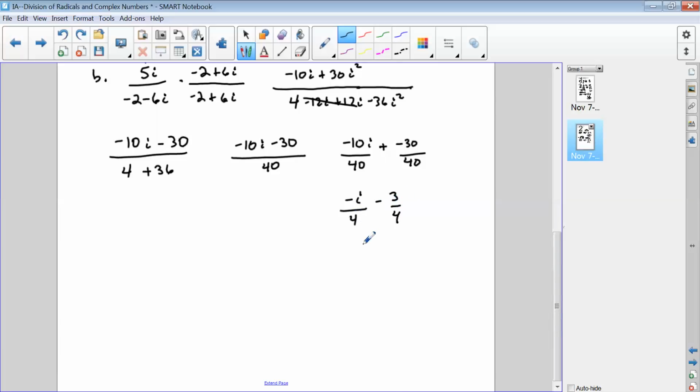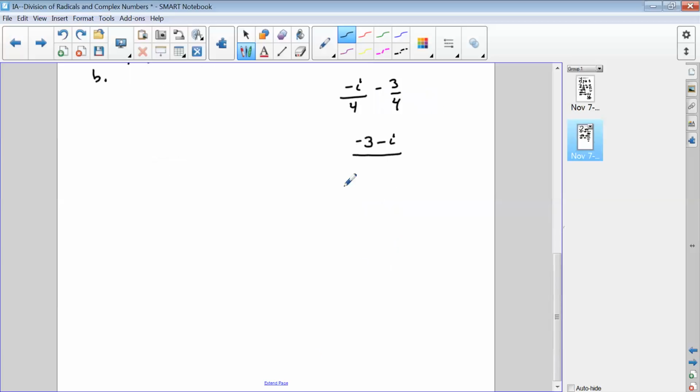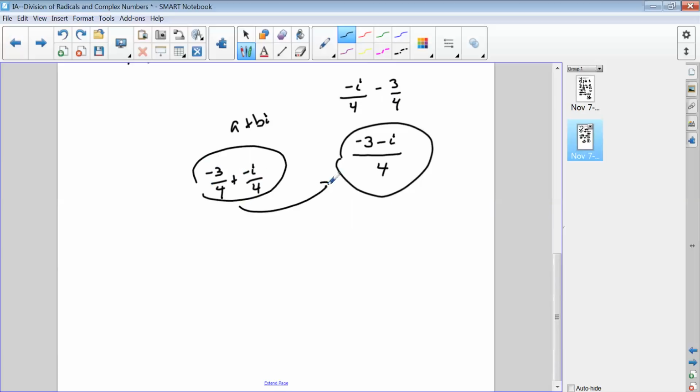Since we're sharing the same denominator, we can write it as negative 3 minus i divided by 4. So we write it in this a plus bi form. Well, what is a? a would be negative 3/4. And what's bi? It would be the negative i divided by 4. So these would actually be the same.